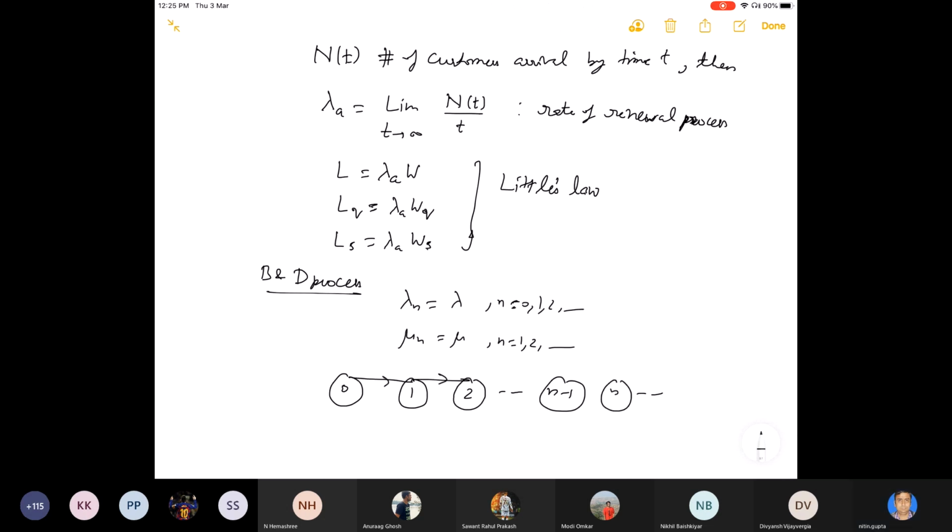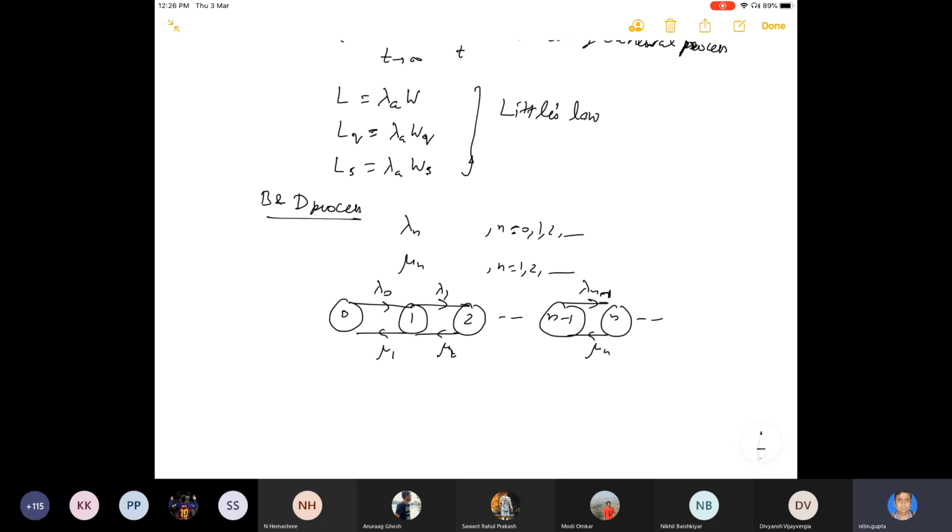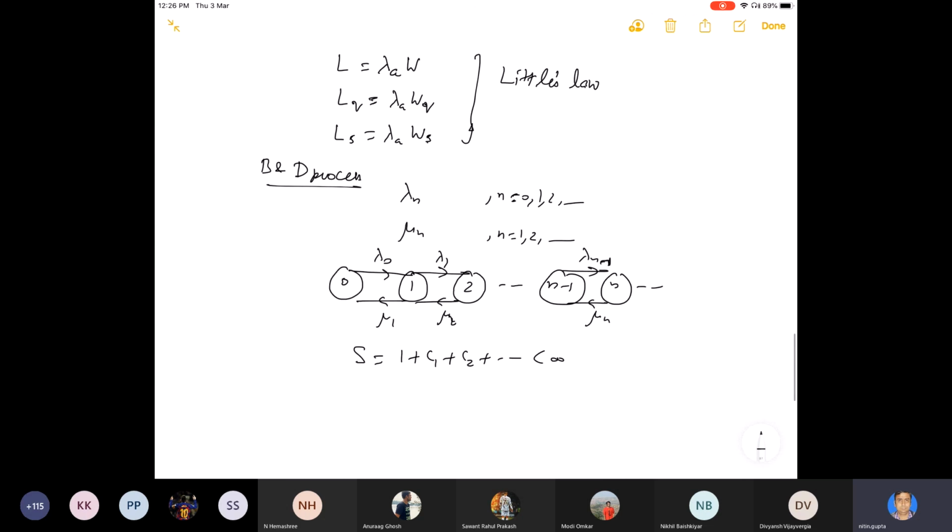This is lambda naught, lambda 1, lambda n minus 1, mu 1, mu 2, mu n, and we know that a steady state solution exists if S, which is 1 plus C1 plus C2 plus so on, is finite.